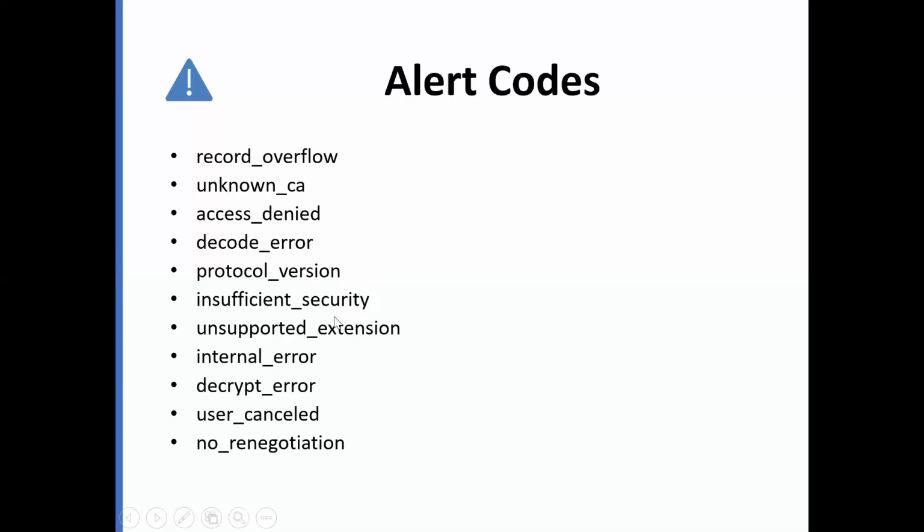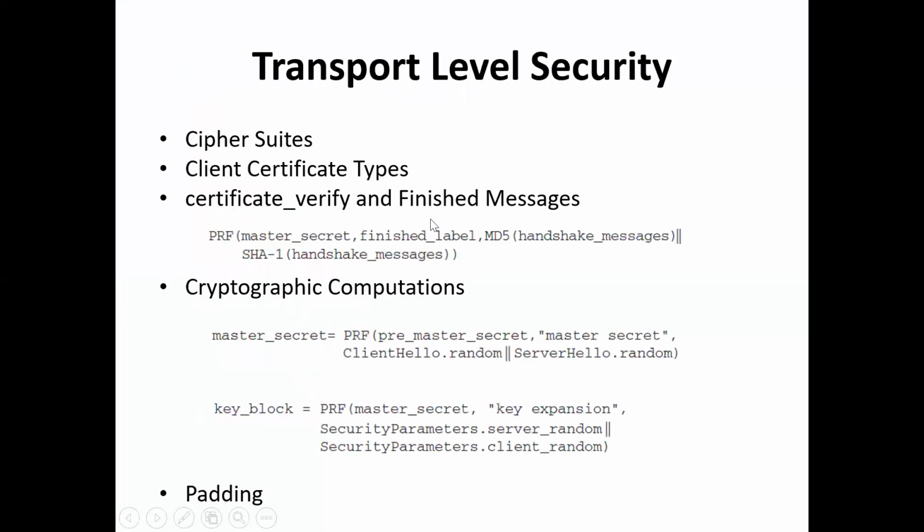Insufficient security: the server is not maintaining security. Unsupported extension: extension fields are not supported. Internal error is due to some protocol misbehaving. Decrypt error: if any handshaking cryptographic operation failed. User cancelled: the handshaking is cancelled here. No renegotiation: handshaking took place, but either of the messages would normally result in renegotiation at that time. That is what alert messages.